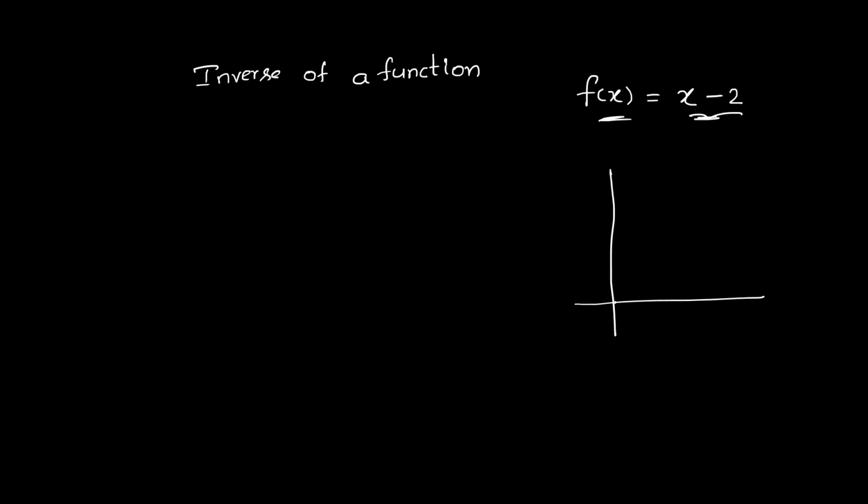Minus 2. That means at x is equal to 0, the value of this function is minus 2, so it will be on the negative y axis. So this will be the point.